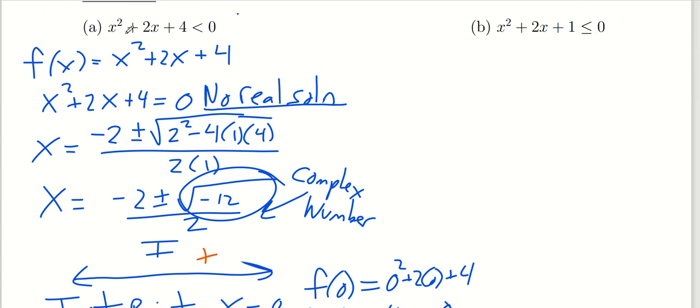However, because of the type of inequality we have, we're looking for f of x less than 0. So we need the intervals on which f would be negative, and there aren't going to be any. And for that reason, this inequality is going to have no solution. So example A, 3a, is an example of a quadratic inequality with no solution.